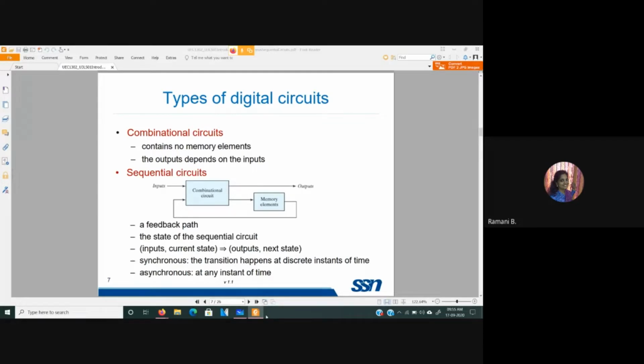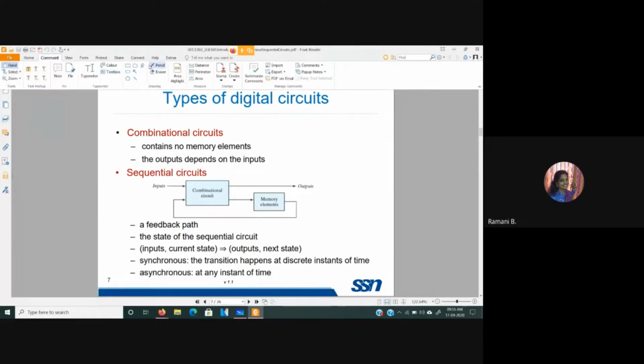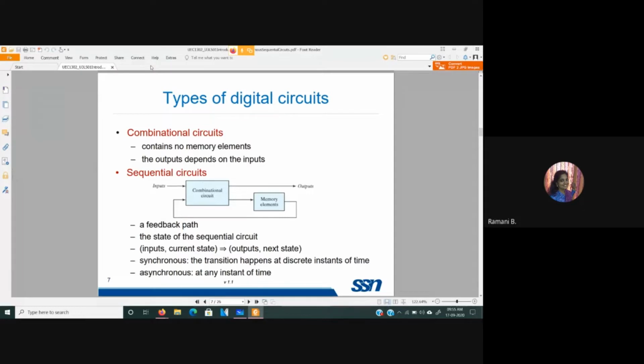Now coming to the sequential circuit. I have mentioned already, in case of sequential circuit, you will be having the feedback path in it. So it can either be a combinational circuit with simple feedback.